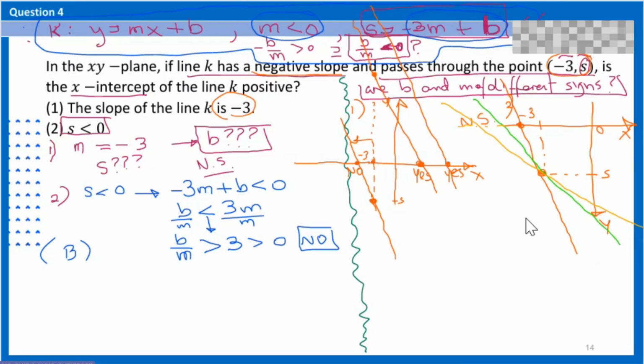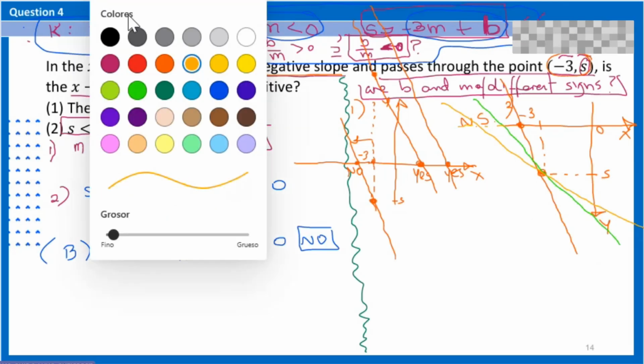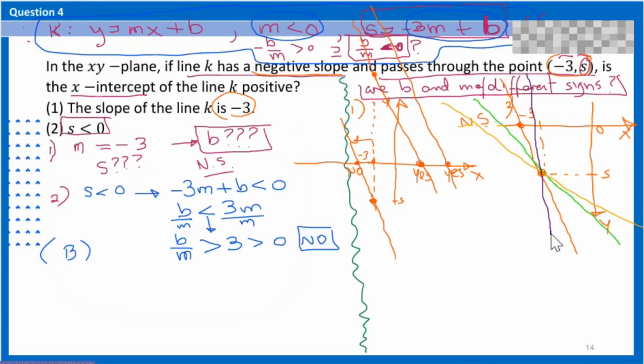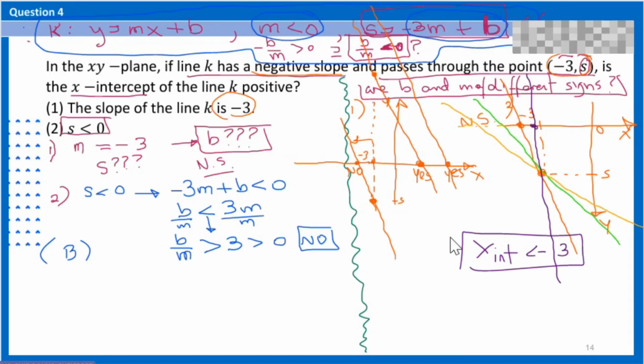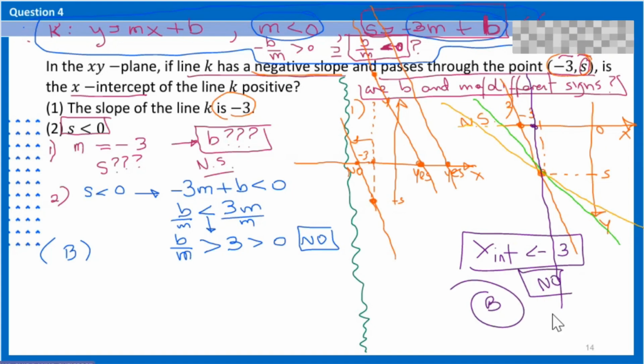So no matter how you change, even if you make the slope very, very negative, something like, for example, this, very, very vertical, even in that case, the x-intercept will always have to be to the left of -3. In other words, with these different cases, we can visualize that the x-intercept has to be less than -3. So this confirms that the x-intercept will never be positive. The answer to the question is a no, and therefore we have sufficiency with statement 2 alone.